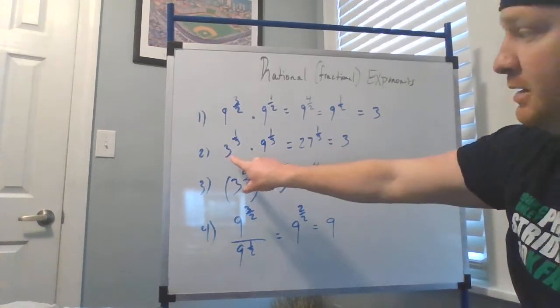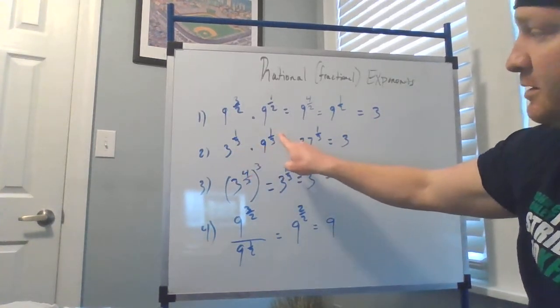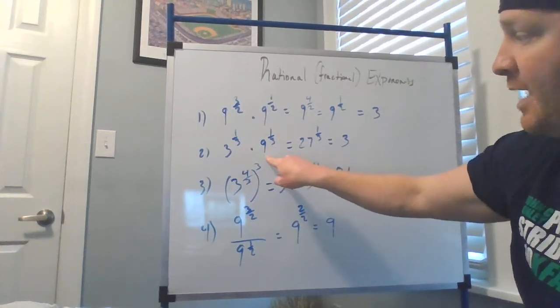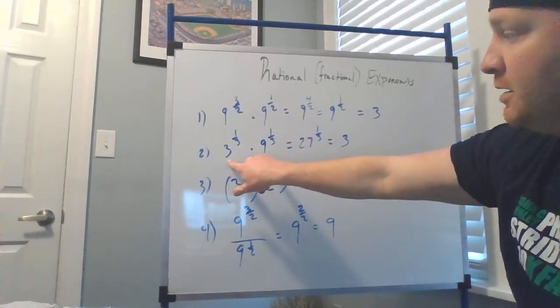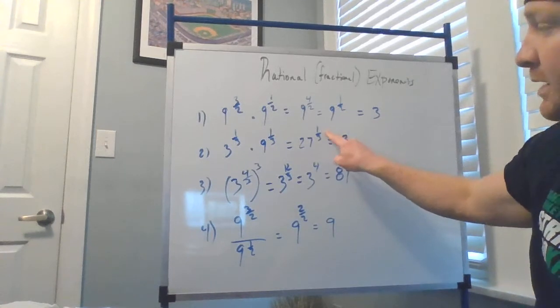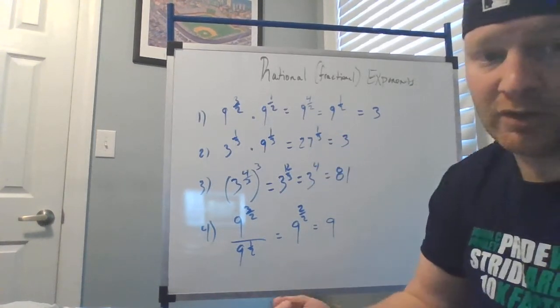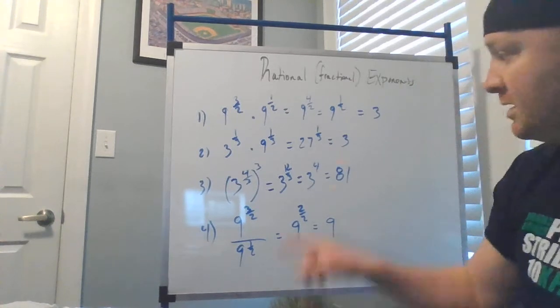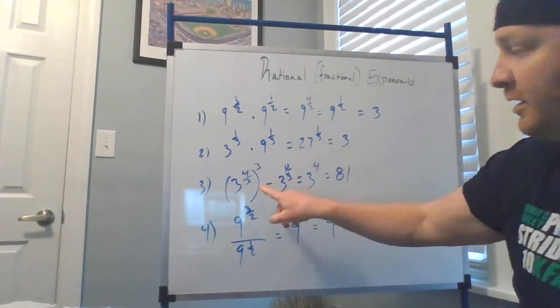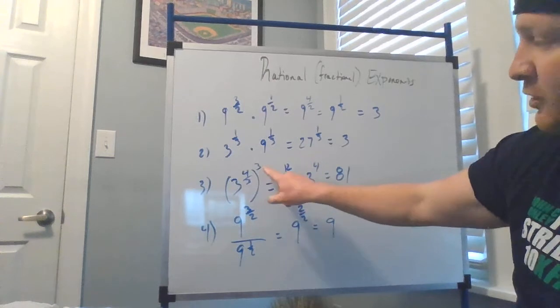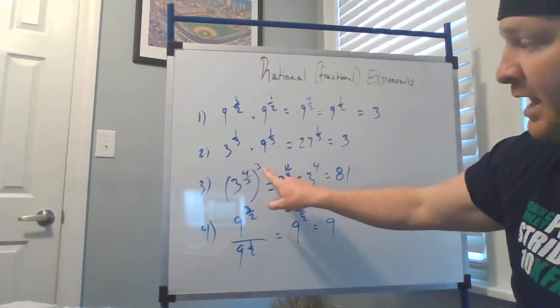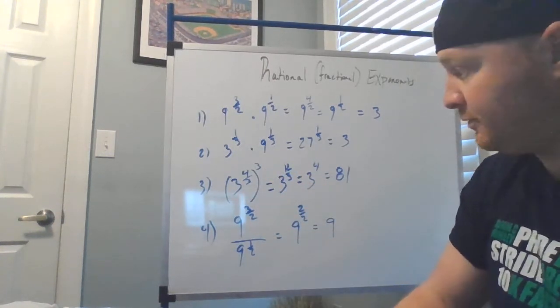Now on this one, when I have the same exponents but different bases, I'm allowed to multiply the bases but keep the exponent the same. And I know that 27 to the power of 1/3 is the same thing as third root of 27, which is equal to 3. Now over here, now I got a power to a power. And I know by rule, I always multiply the exponents, okay?